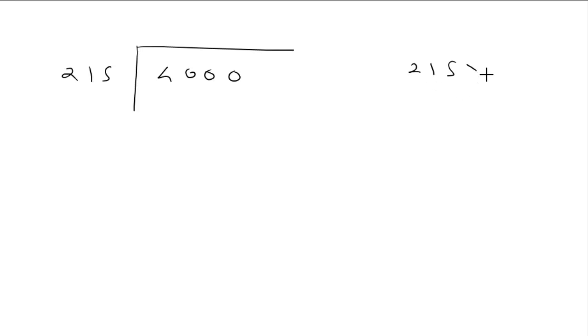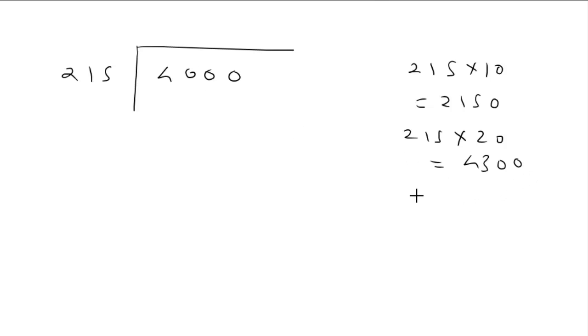215 multiplied by 10 gives 2150. If I multiply 215 with 20, it will give 4300.